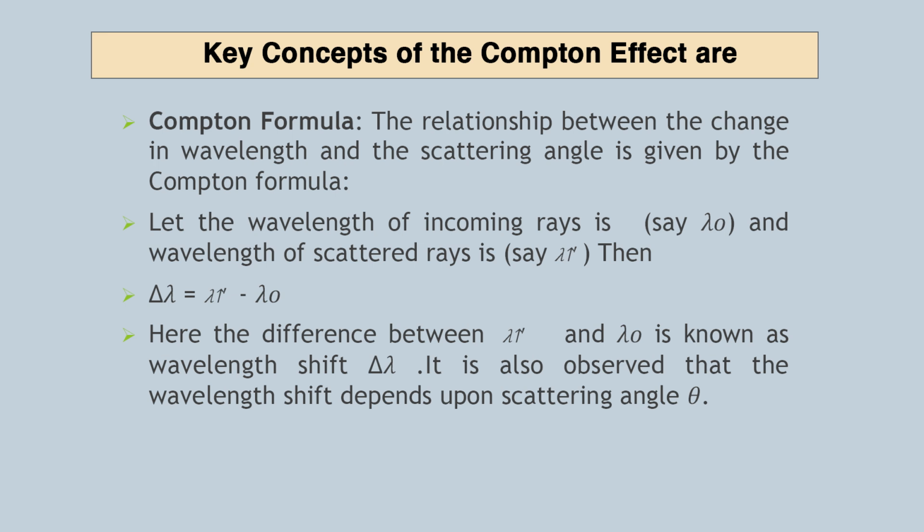Then the difference between these two wavelengths, del lambda, is equal to lambda dash minus lambda 0. This difference is known as the wavelength shift del lambda. It is also observed that the wavelength shift depends upon the scattering angle theta.